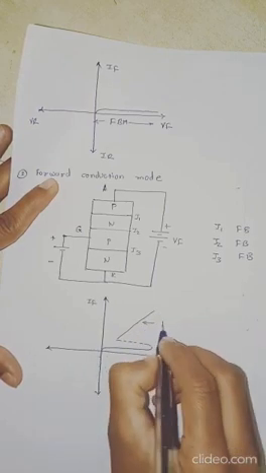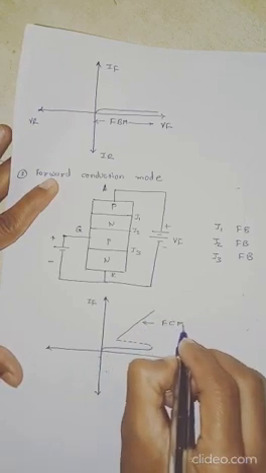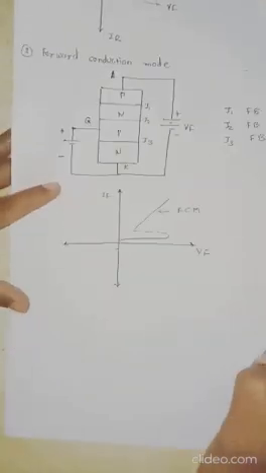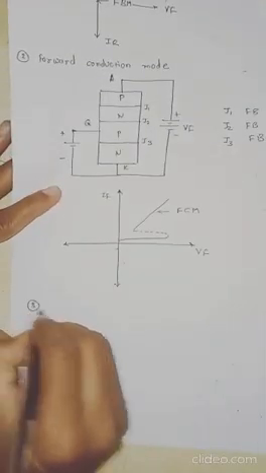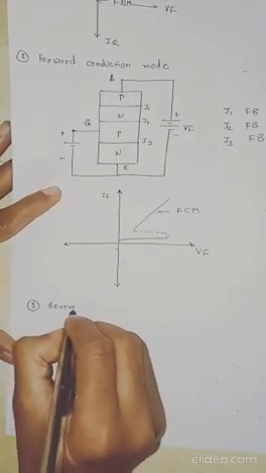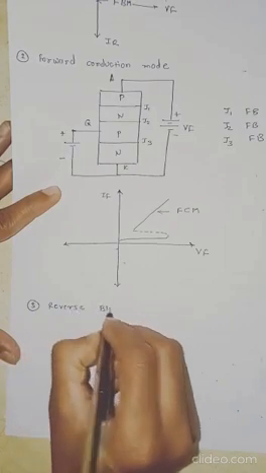So this is nothing but forward conduction mode. Now we'll see the reverse blocking mode.